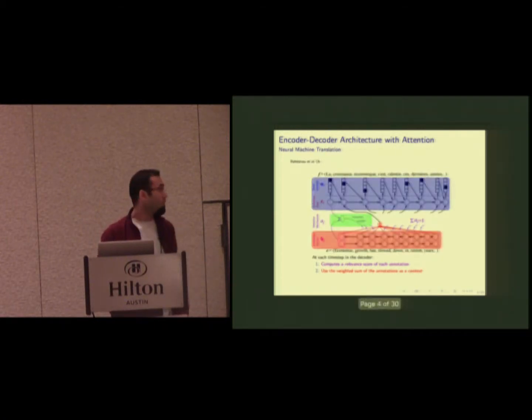So it basically consists of three components. As you see in the red, it has an encoder. In the blue, you see the decoder, and in green, we see the attention function or attention module. And we will stick to this color coding all throughout the presentation.